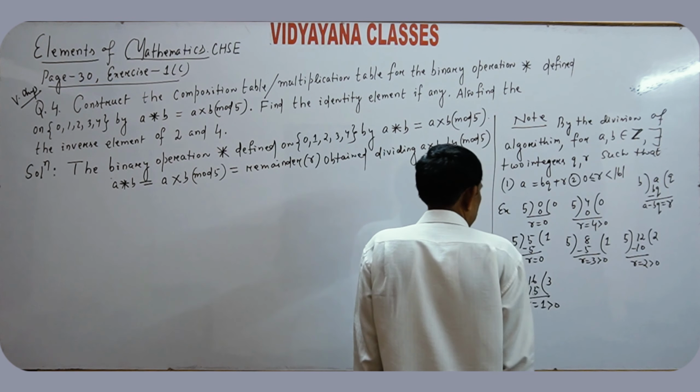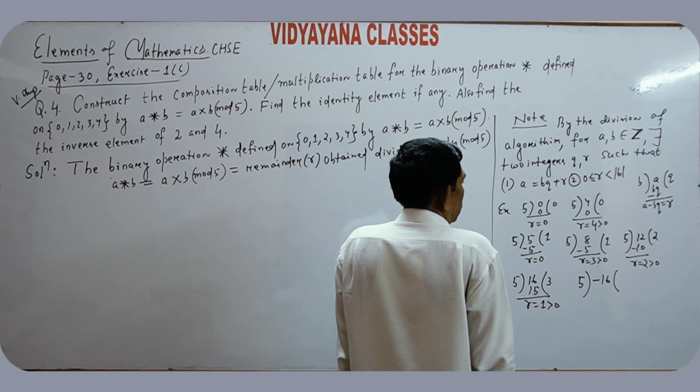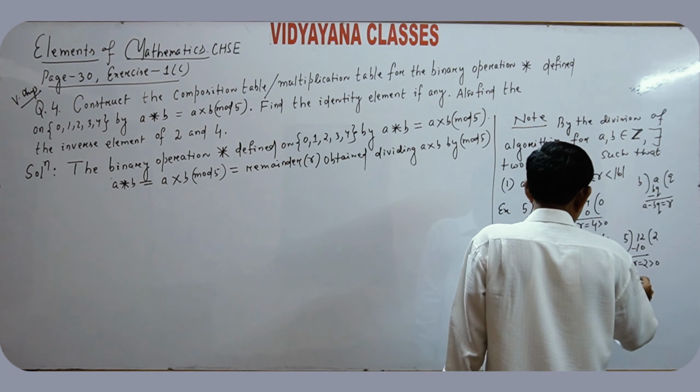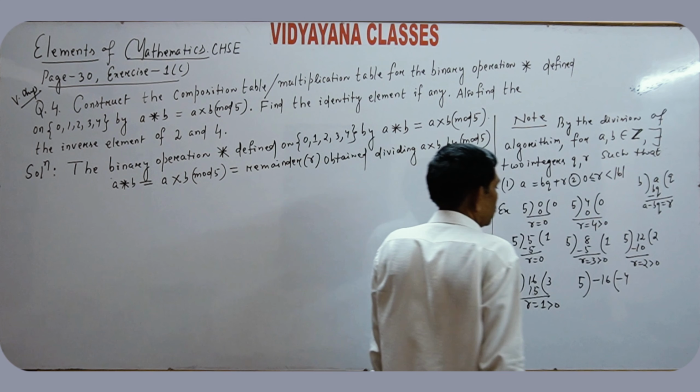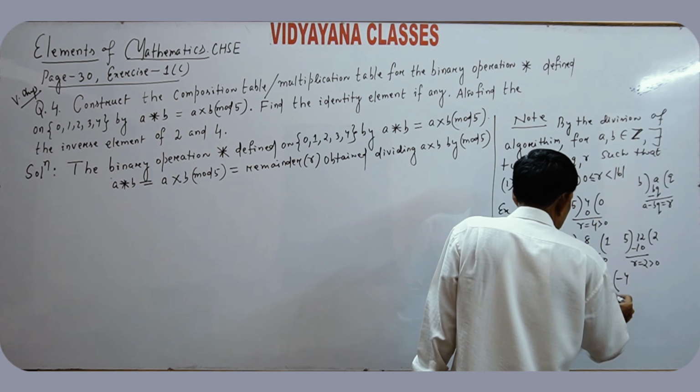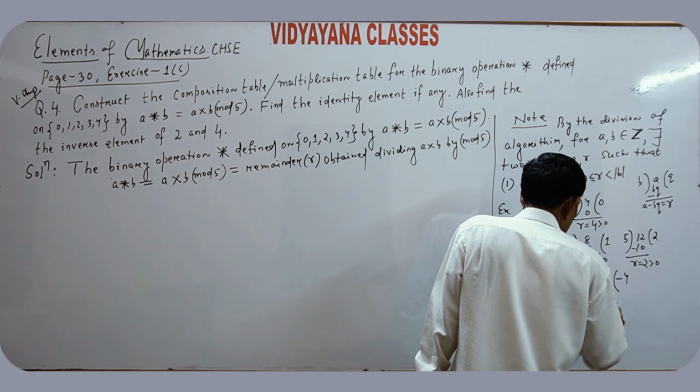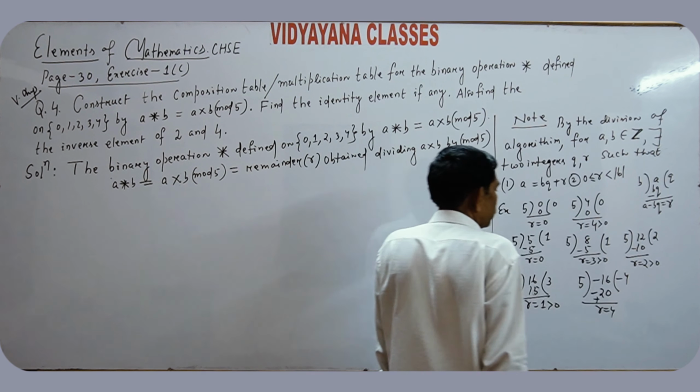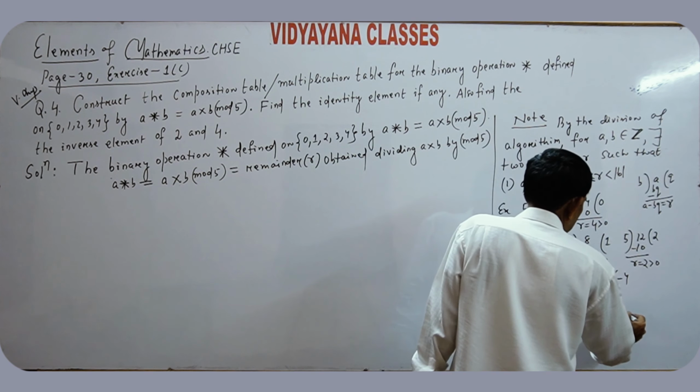5 divides minus 16 gives the remainder r equal to 4, greater than 0.